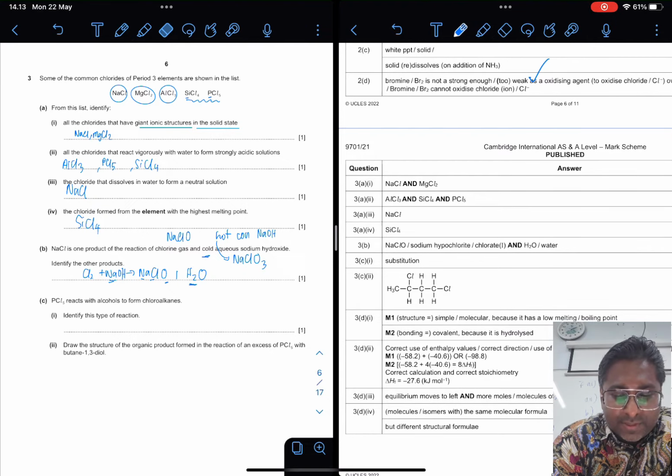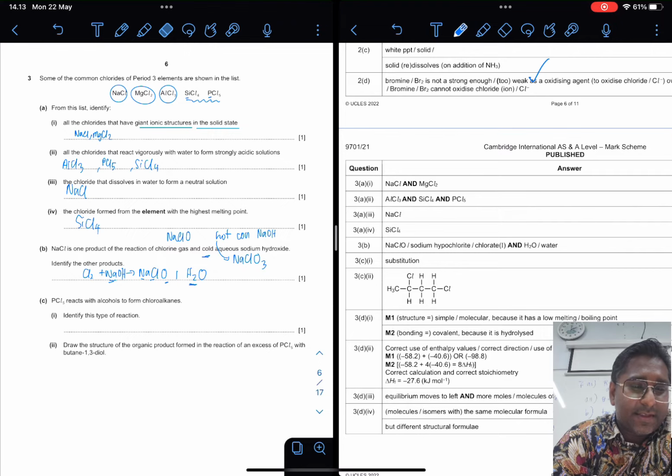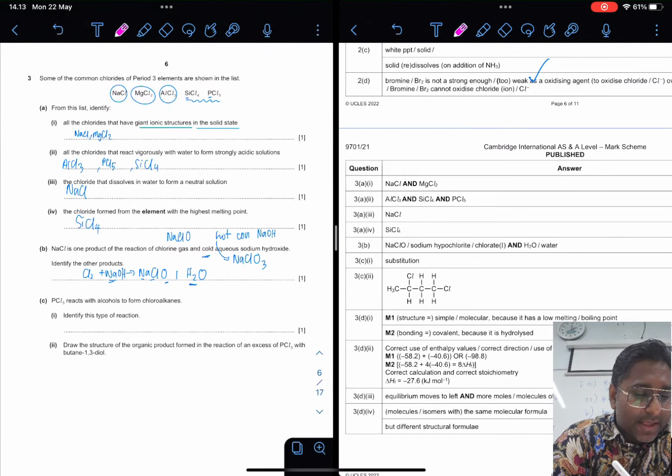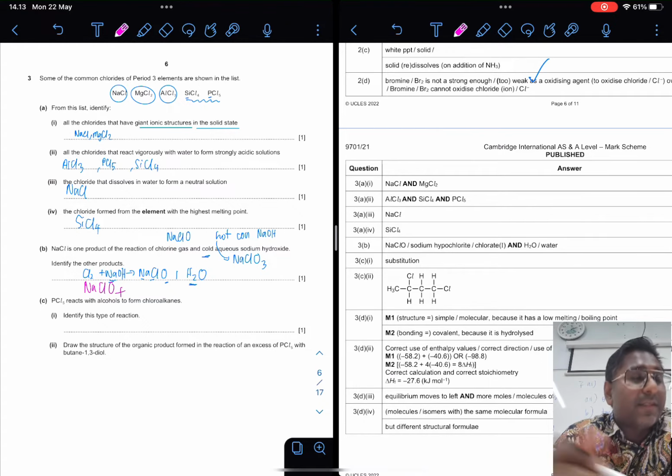Why do they say products? Basically, they react, so the products are NaClO plus H2O. These are the products.